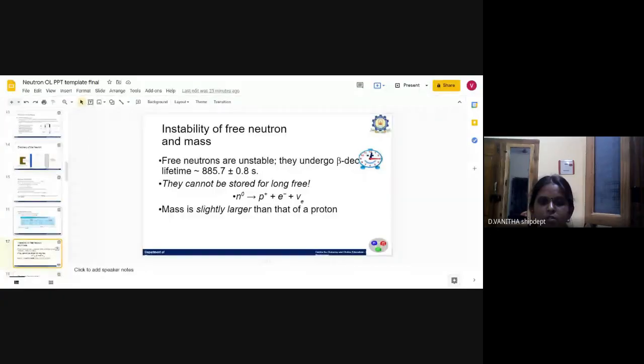Neutrons cannot be stored for a long time as free particles. Neutrons disintegrate into a proton, an electron plus another particle. The neutron mass is slightly larger than that of the proton. So it is already shown in the previous slide.